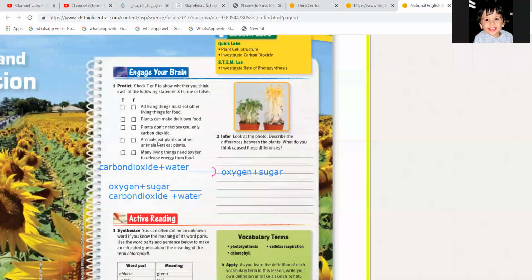Is that right? Yes. Animals eat plants or other animals that eat plants. True. Miss, the animal eats the plants? Yes, animals eat plants, but not all animals. Do animals eat plants?